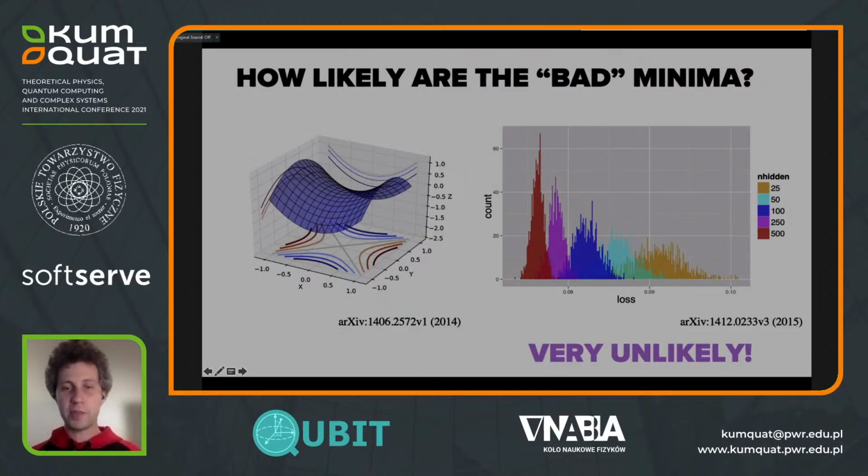Moreover, there was a really nice paper from Yann LeCun's group, which showcased that if you increase the number of parameters in your system and end up in a true local minimum, it's actually good for your training, because apparently the true local minima are very low in energy, and most of them are very close to proper generalization minima.